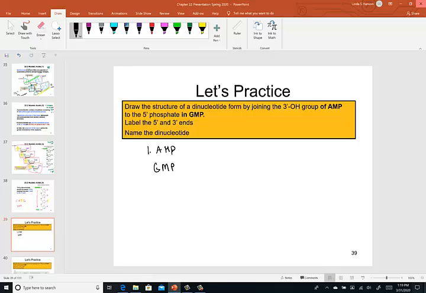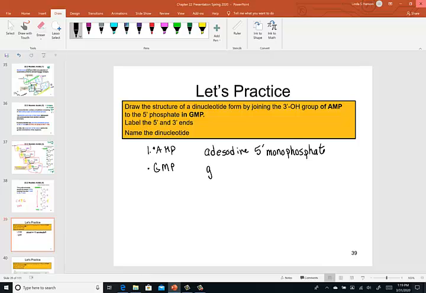These are nucleotides. A will stand for adenosine, and then you have 5' monophosphate. Adenosine 5' monophosphate. That's the name of this nucleotide. How about GMP?